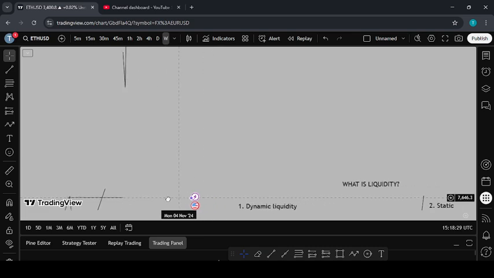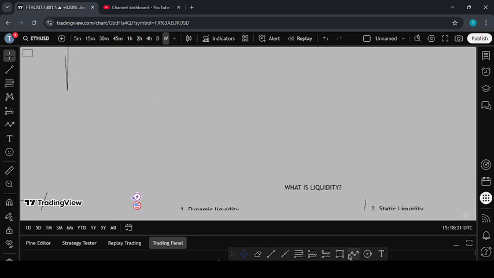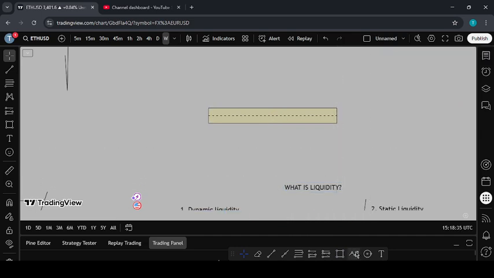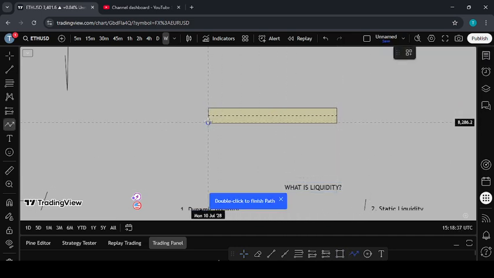You marked out a demand zone, a beautiful demand zone, and the market pumped from this demand, made an impulsive move. And you know the market is supposed to come back here, but there's no internal range liquidity, there's no external range liquidity. The market will not move like this, right?